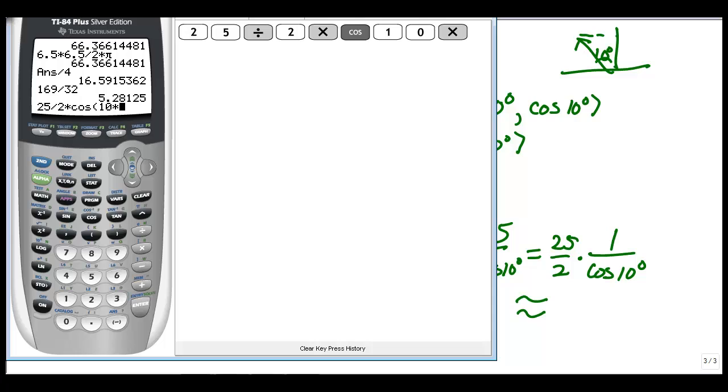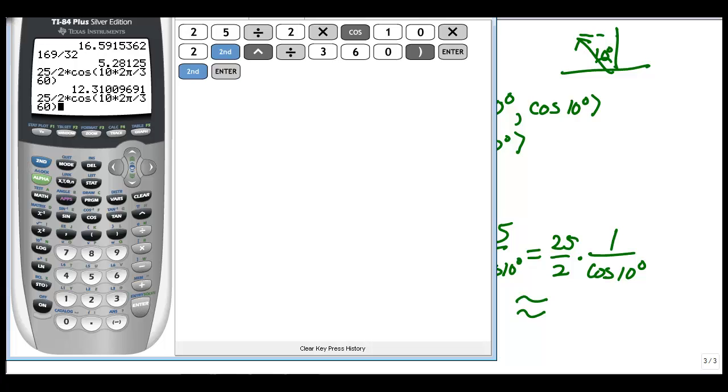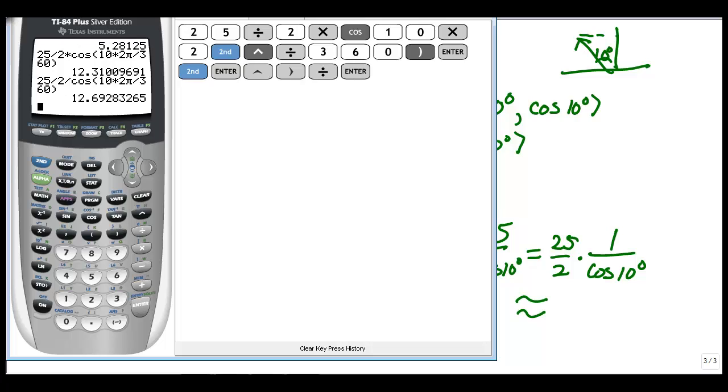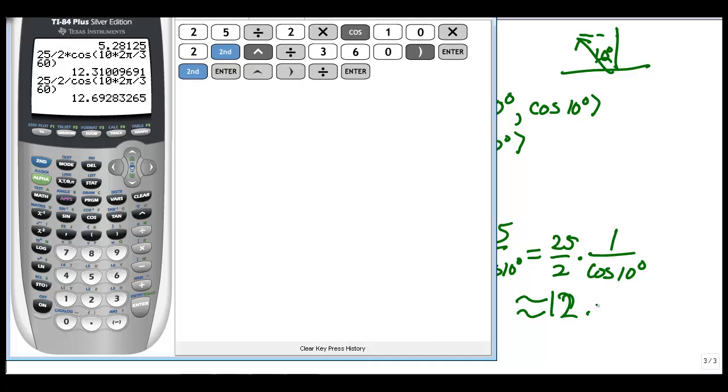I can do 2 pi divided by 360 degrees to give me radians. I messed that up because I multiplied by the cosine and I was supposed to divide. So I'm going to get divided by, and I end up with 12.69 here. Did I round that right? 69, yes.